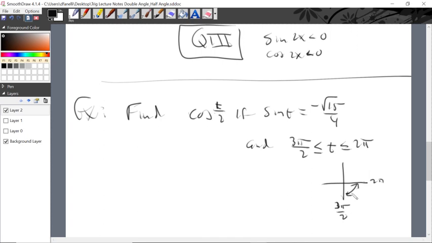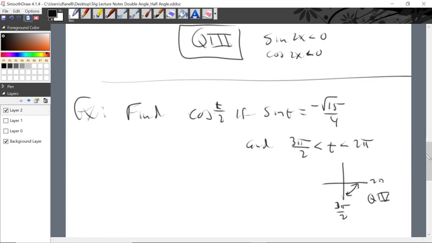It means that t is contained within quadrant 4. I don't even really need the equal to bars there, because I can see from the output that it's not going to be on one of the axes. This is clearly quadrant 4, where t is located.